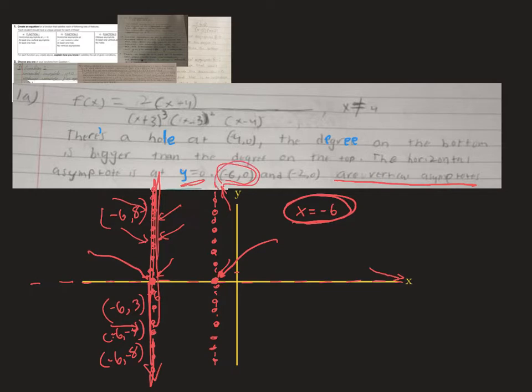And of course, this one right here is x equals -2. That is an equation where every point on this curve satisfies x equals -2. So it's a clever way of writing millions and millions of points all in one little equation.